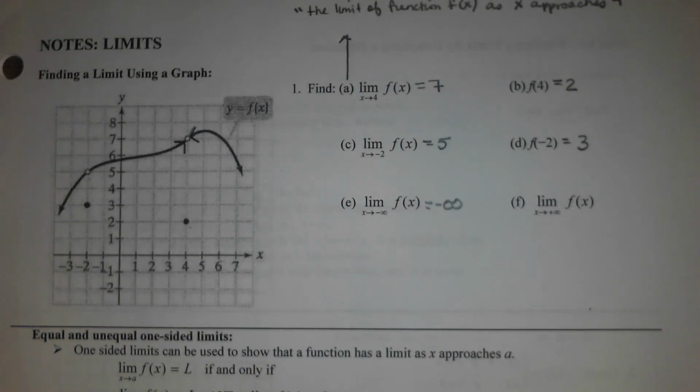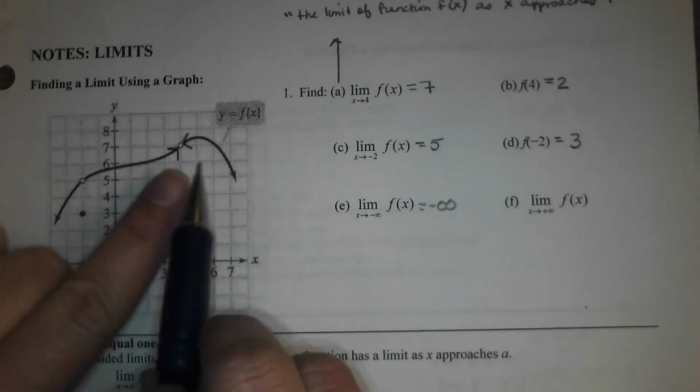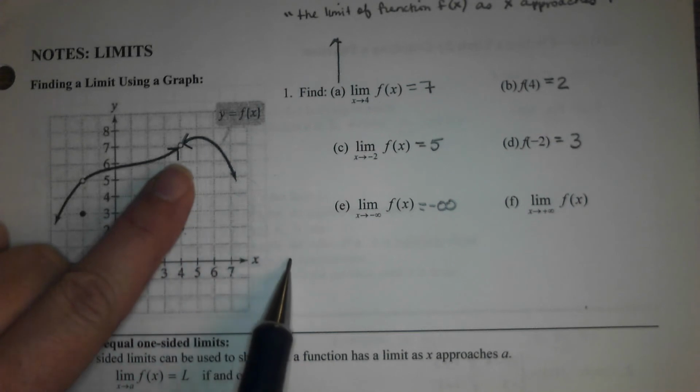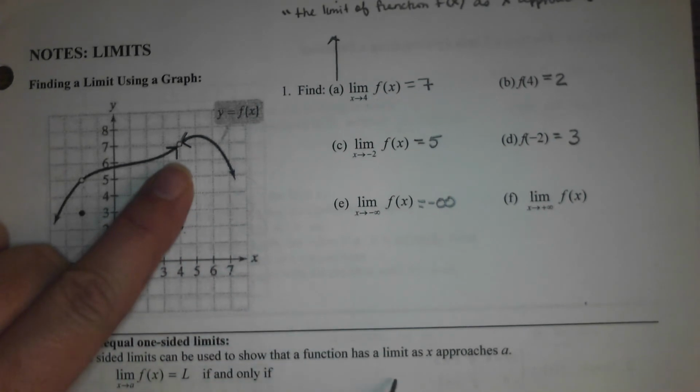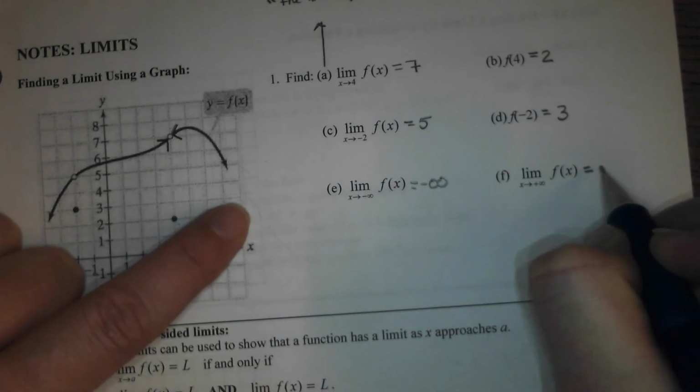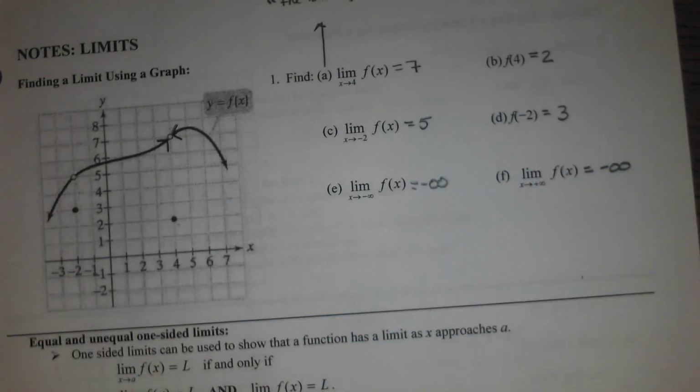What is the function doing as your x's go towards +infinity? What'd you say? -infinity also. As your x's move right, your y values are still going down. So your y values are still going towards -infinity.